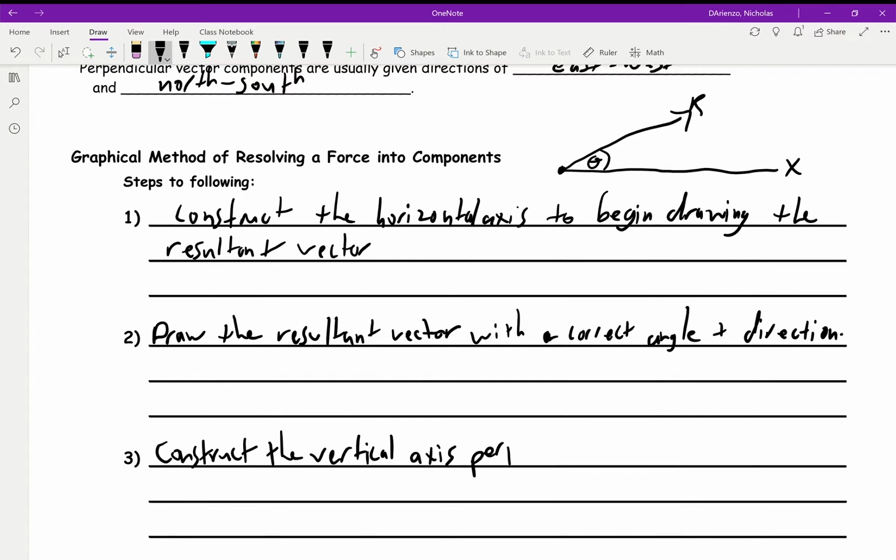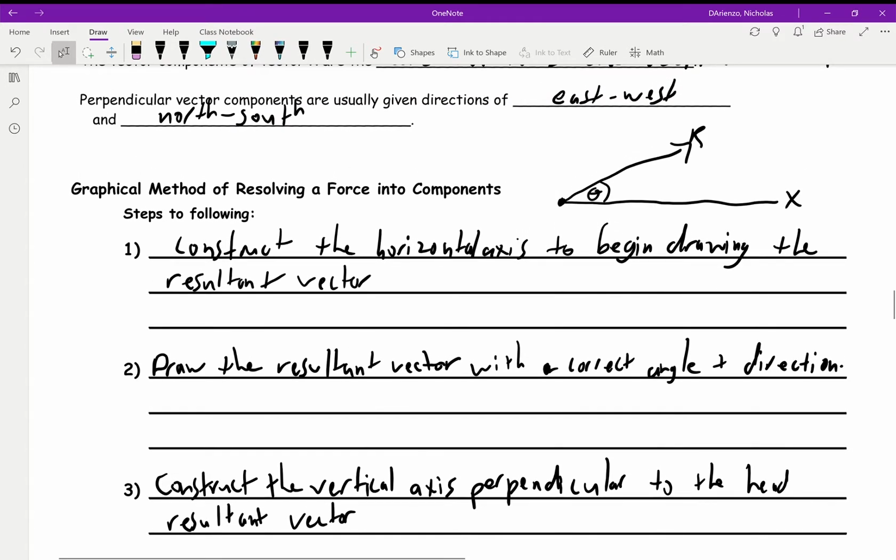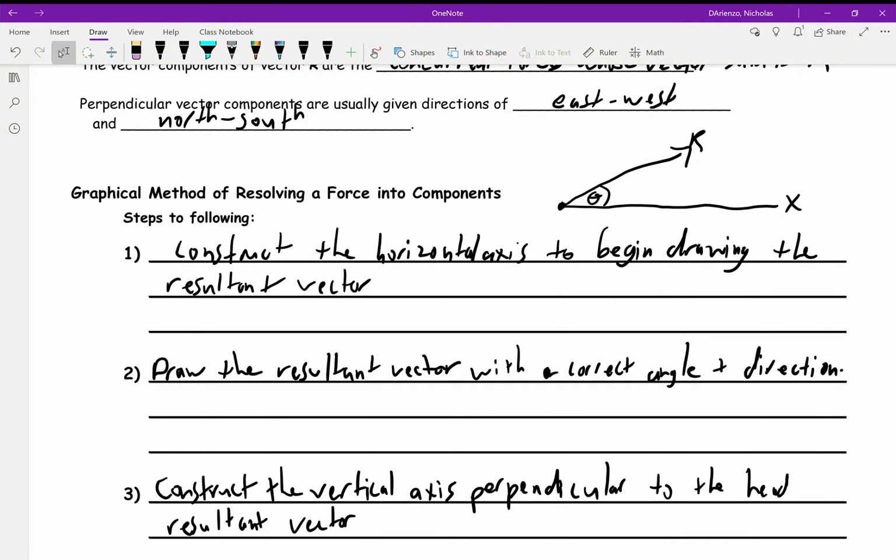And that's going to be perpendicular to the head of the resultant vector. So we'll construct our vertical axes. We'll call that Y.